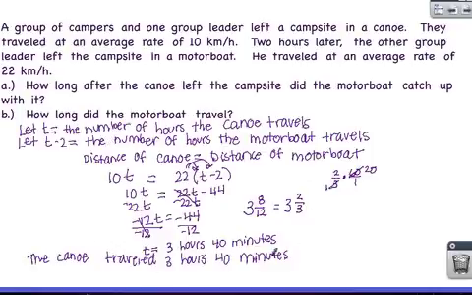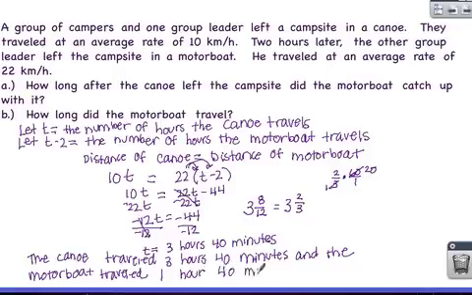So the canoe traveled 3 hours, 40 minutes, and the motorboat traveled 1 hour, 40 minutes when they met up.